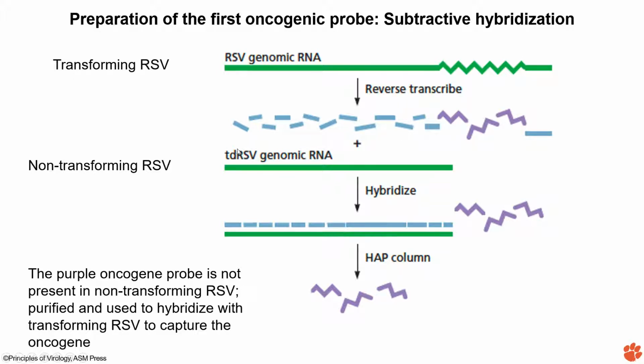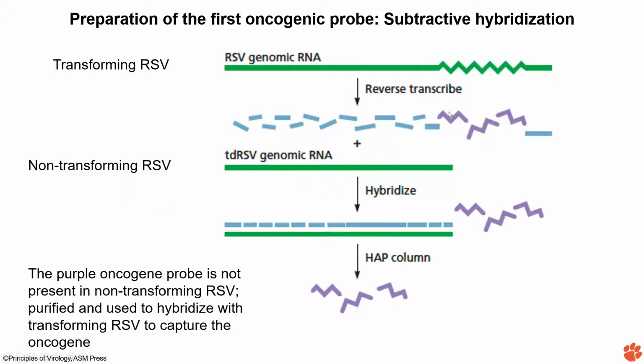Now, they had also found that there are transforming RSVs that they can find from tumors, but there are also non-transforming RSVs. These Rous sarcoma viruses don't cause tumors, even if you inject them into the chicken. So these are non-tumorigenic.